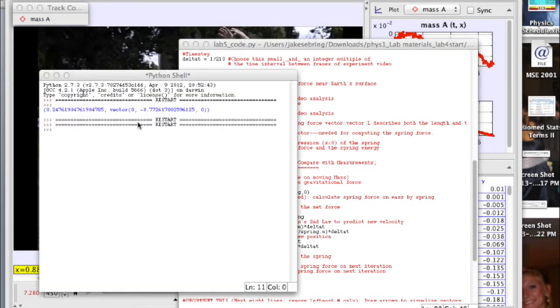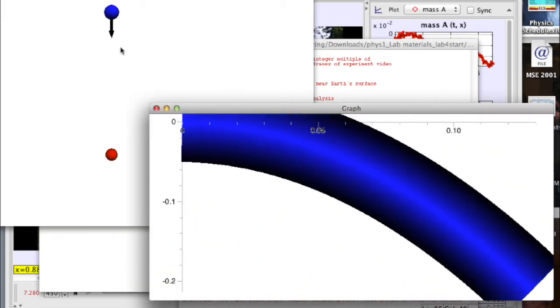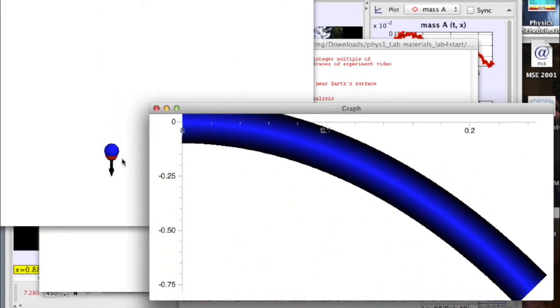So when I run the code, the blue ball represents the top of the spring, the red ball represents the tennis ball, and the yellow ball represents the origin, which was the point of release of the slinky. And then the black arrow is representative of the motion of the ball and slinky system once the spring has compressed fully.